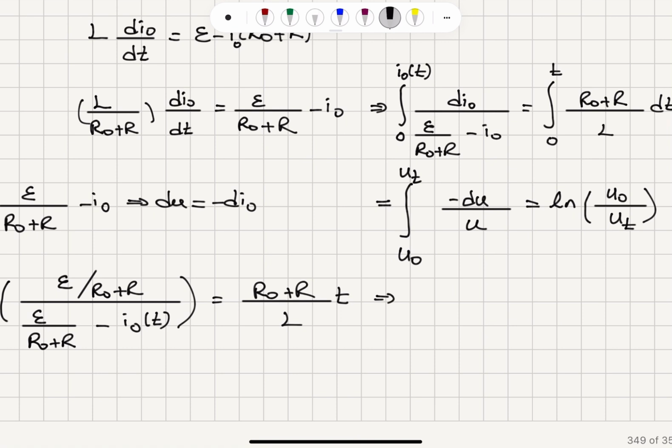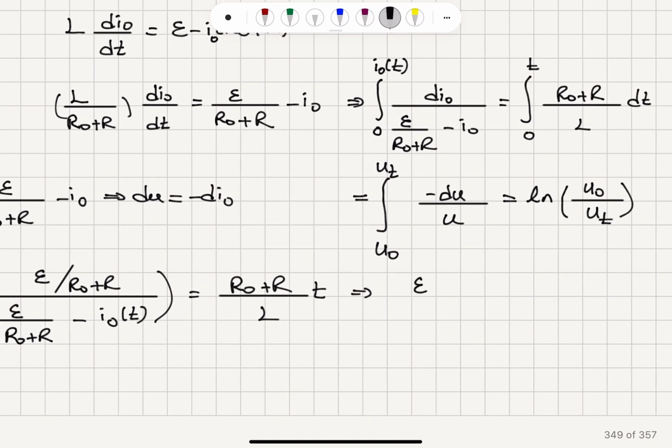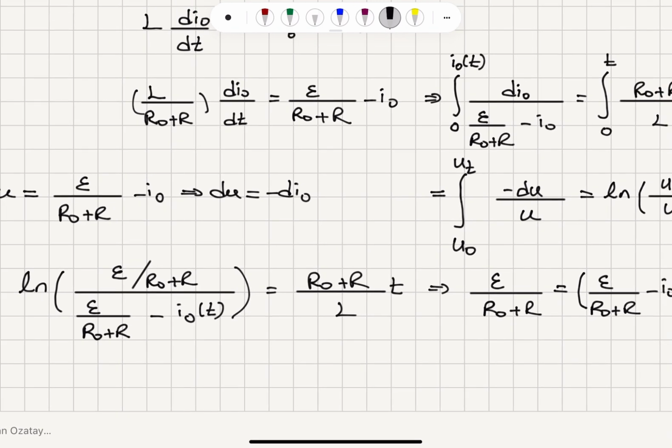So if I take the exponential of both sides of this equation, I will find epsilon divided by R0 plus R is equal to epsilon over R0 plus R minus I0 at time t, multiplied by the exponential of this term.